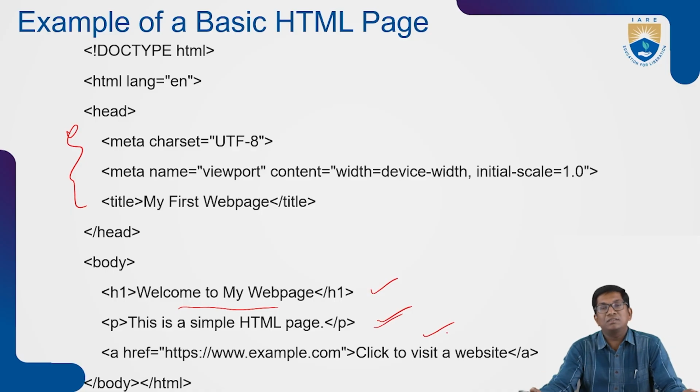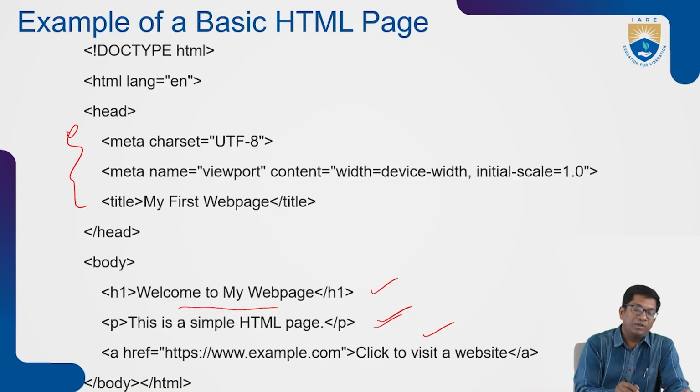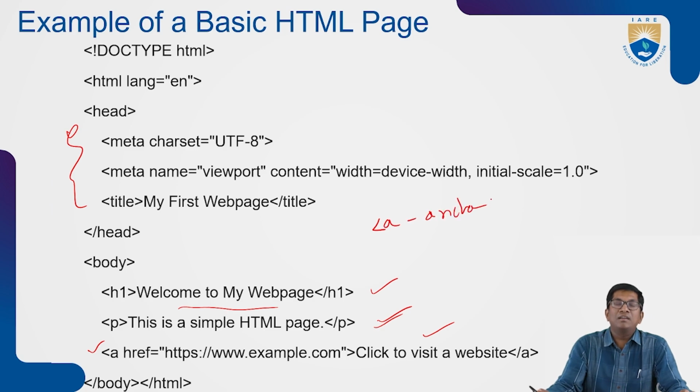Already we discussed hypertext means linking one document to another document. How to create the links from one document to another document? The simple element is the A tag, the anchor tag. What does A mean? Anchor tag. By using this anchor tag, we can link from one document to another.